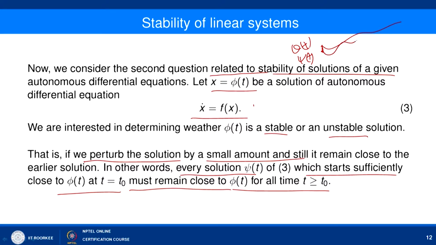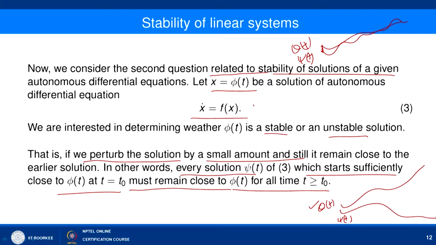If it remains almost like this, then we say the solution is stable. But if we have a phi(t) like this and a psi(t) which goes away from phi(t), then we say that our phi(t) is an unstable solution rather than a stable one. So, this is an intuitive idea.